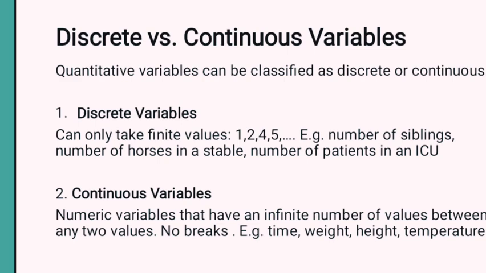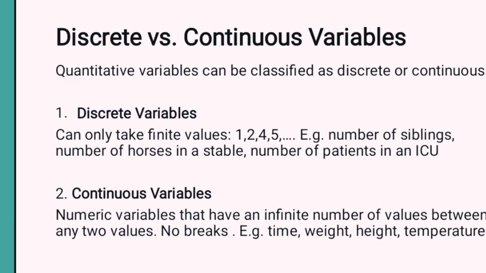If I ask you of the number of patients in an ICU, you can't tell me there are 4.8 patients in an ICU. You have to give me a finite answer, so probably there are 19 people in the ICU. Or how many siblings do you have? You can't tell me you have 2.8 siblings. That would be ridiculous. But you can have probably 4 siblings or 2 siblings. That is finite.